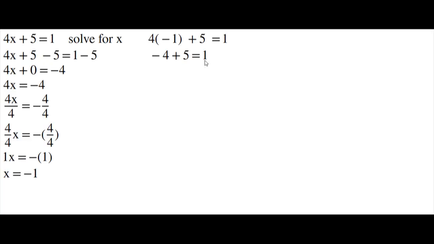Now, there's another way you can consider this, and this is just to clear out the confusion between positive and negative numbers. Okay, -4 plus 5.